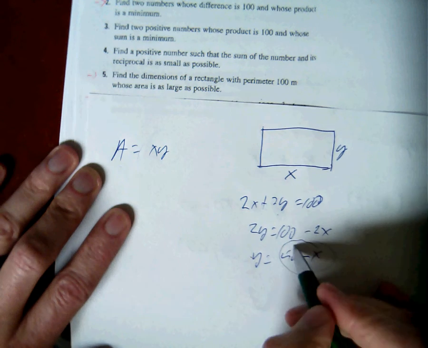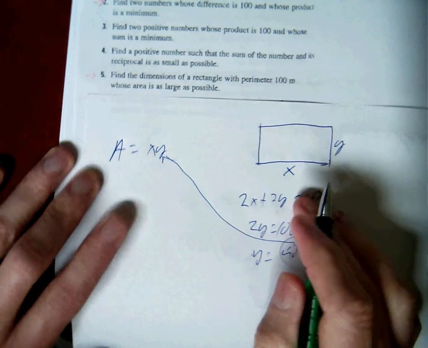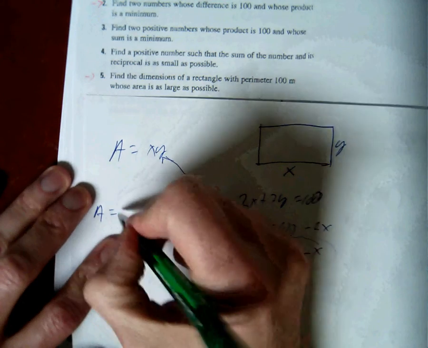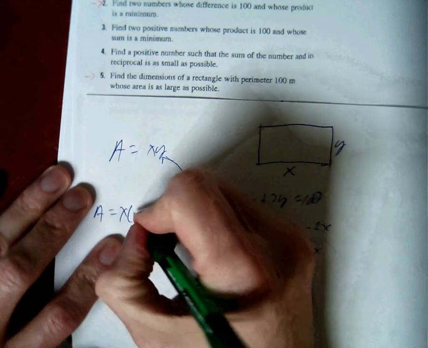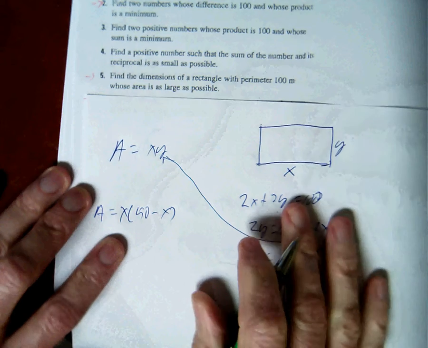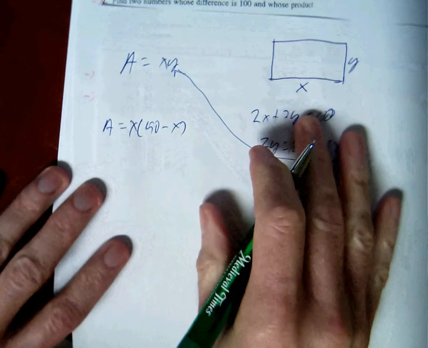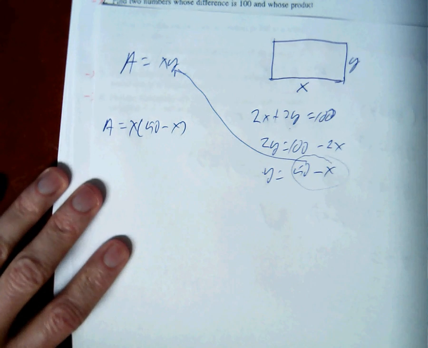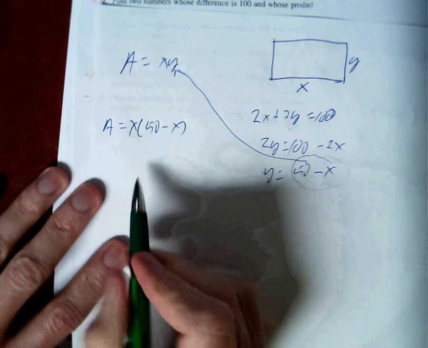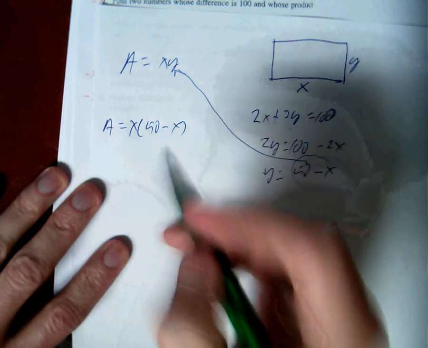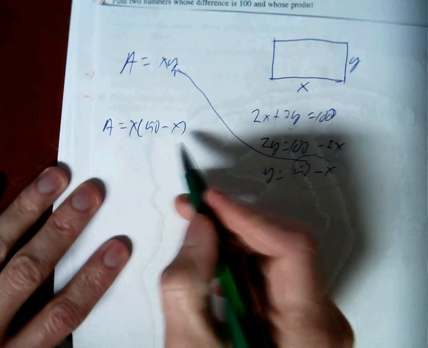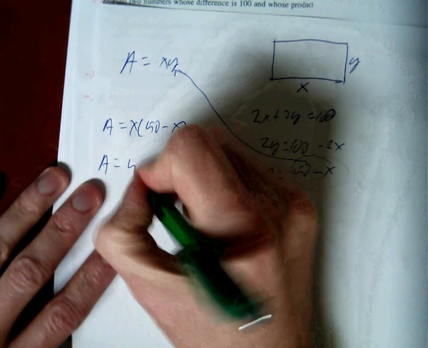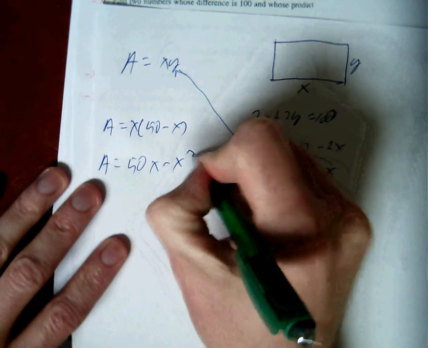So everywhere I see a y, I'm going to plug this in. So I get A is equal to x times 50 minus x. And I guess before I actually start doing calculus, I'll make my life a little bit easier and say A is equal to 50x minus x squared.